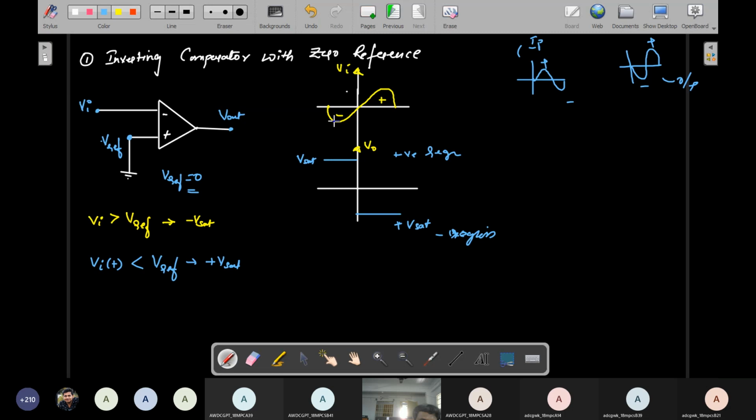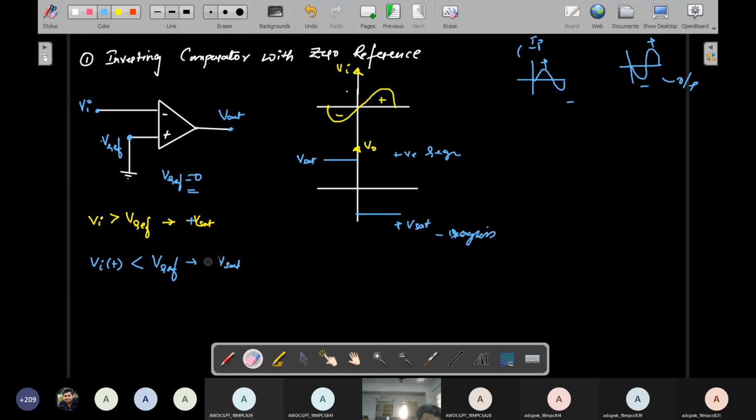If you consider the negative peak at the inverting terminal, then it shows the positive region. So this is called positive saturation. I made a mistake here. If you consider a positive peak, the reference is greater, so this is negative saturation.